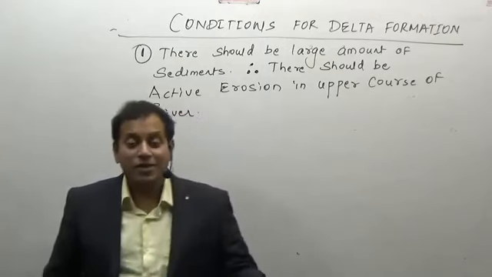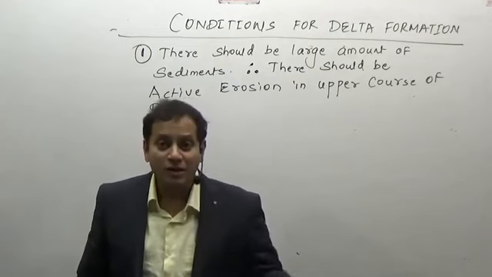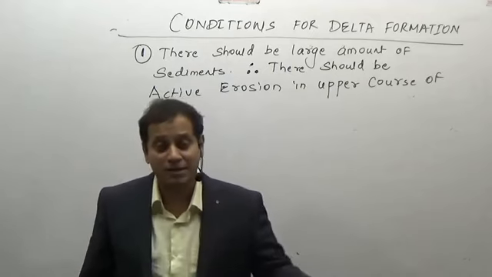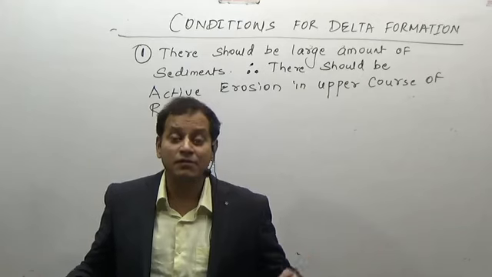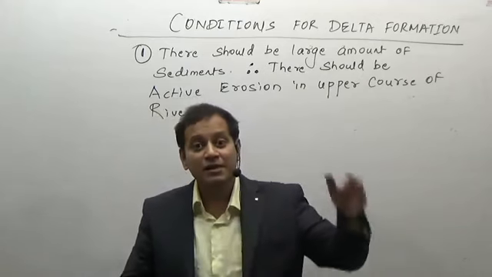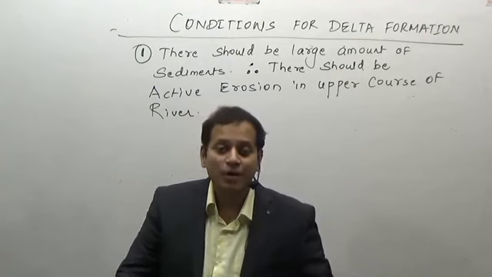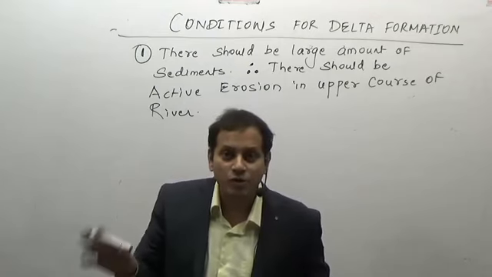The second is, the longer the river is, the longer the path it travels, the greater the distance it travels, there will be more sediments. If a river is traveling, for example, only 20 kilometers, on the other hand, if a river is traveling for 2000 kilometers before meeting the sea, which river will have more sediments? 20 kilometers or 2000 kilometers?